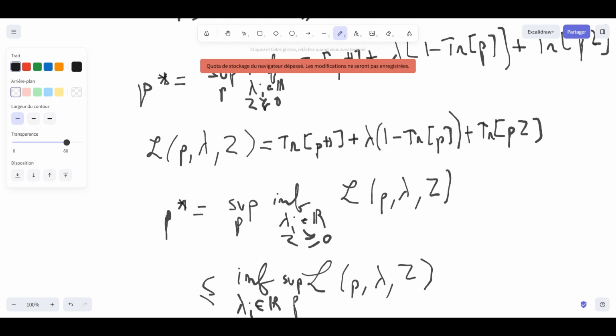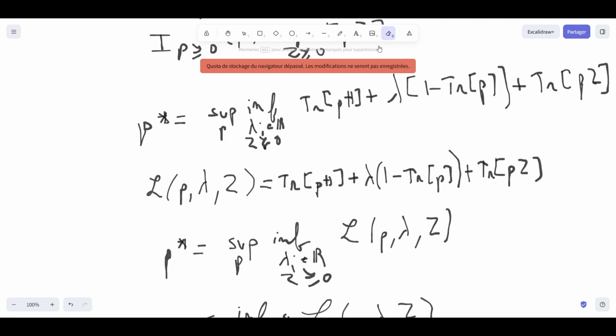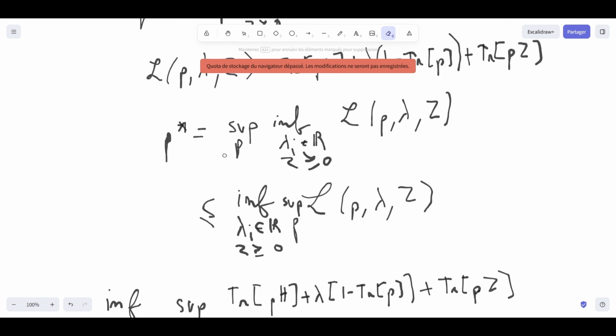Here we can even take a lambda, because it's not a sum or something with a trace.